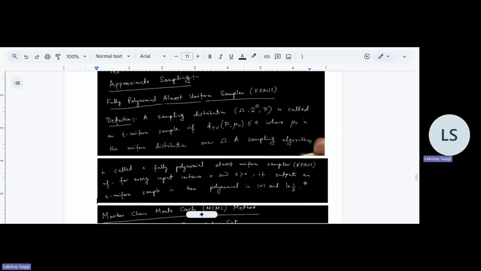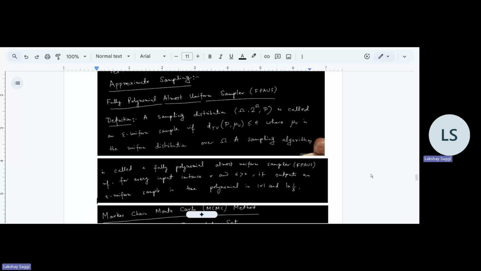if for every input instance x and epsilon greater than 0, it outputs an epsilon uniform sample in time polynomial in the size of x and log of 1 over delta.